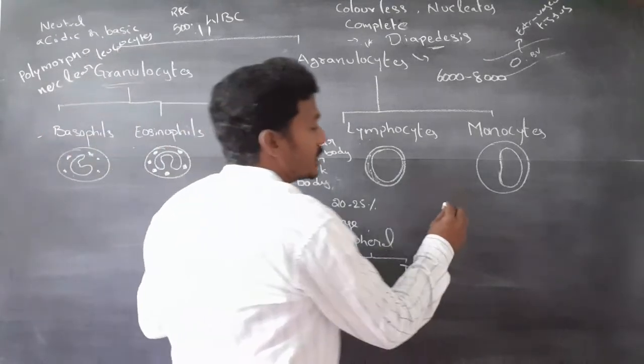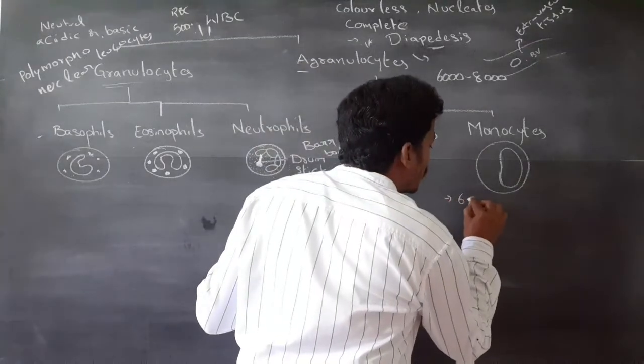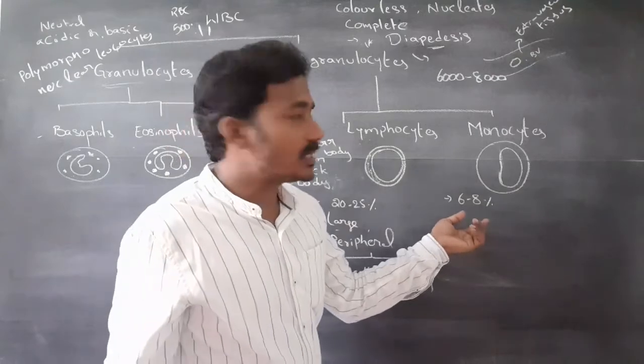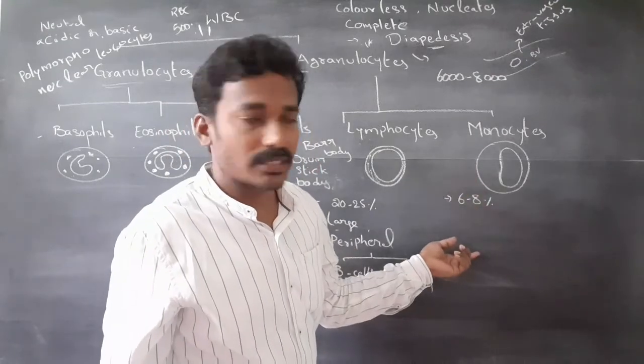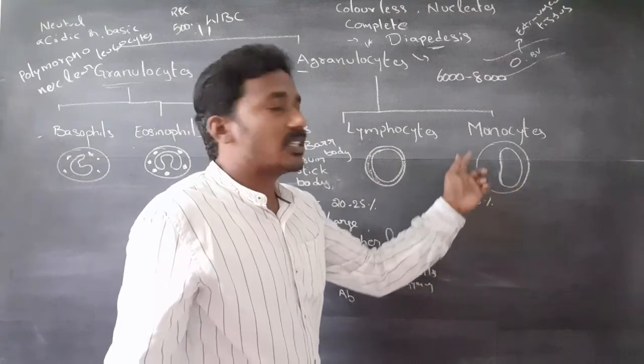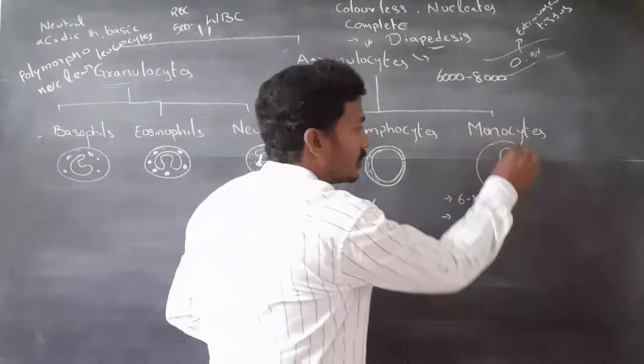Next, monocytes. These occupy 6 to 8 percent of total leukocytes. These cells are larger motile cells.